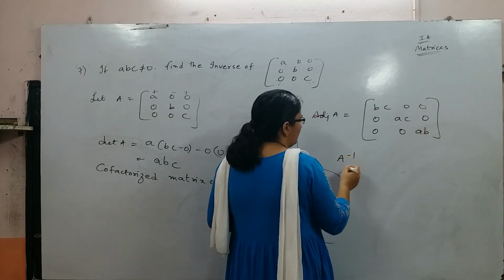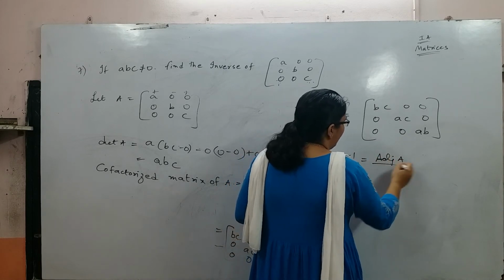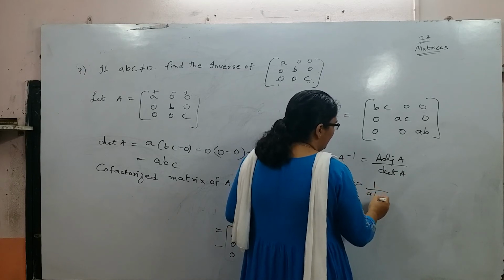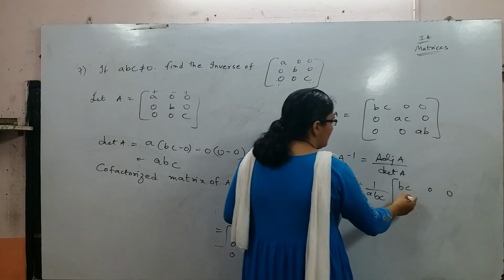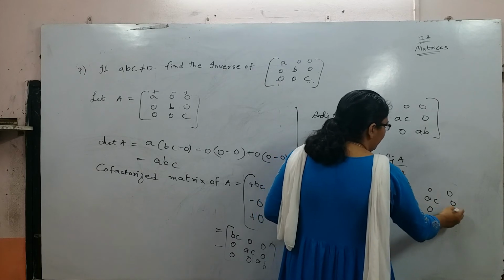What is A inverse? Adjoint A by det A. That is 1 by ABC into BC 0 0, 0 AC 0, 0 0 AB.